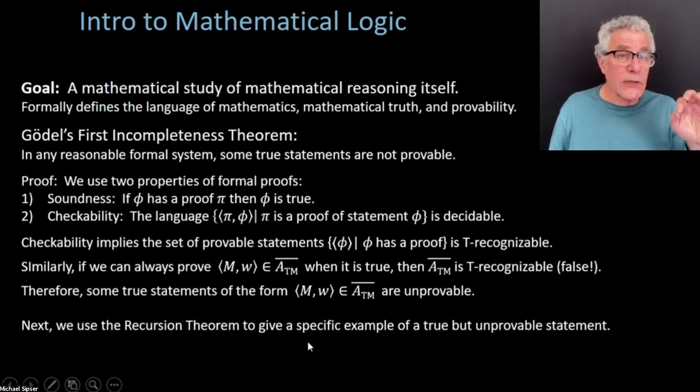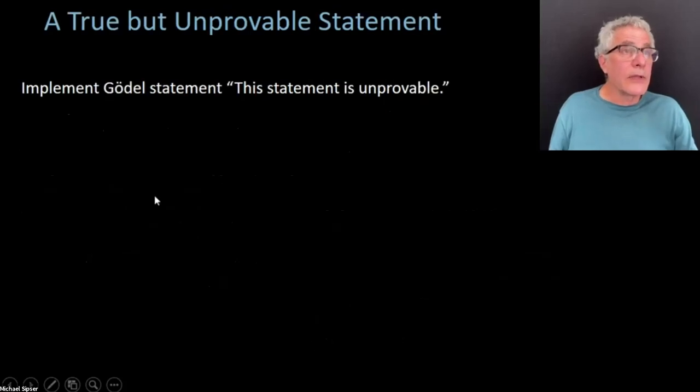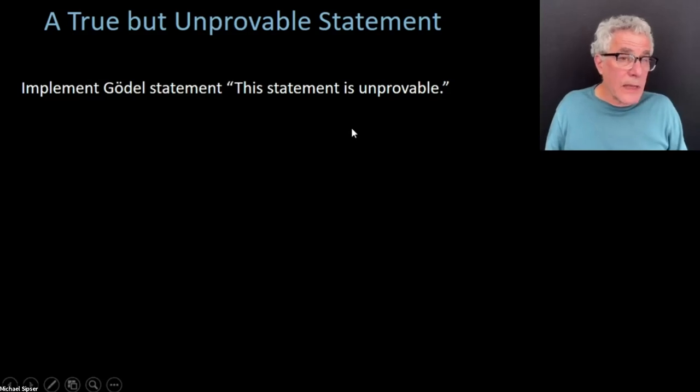Now the recursion theorem allows you to give a particular one. It basically implements Gödel's so-called Gödel statement or Gödel sentence that says this statement is unprovable. And you can formalize that precisely.